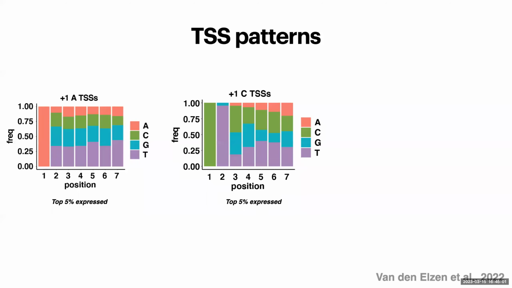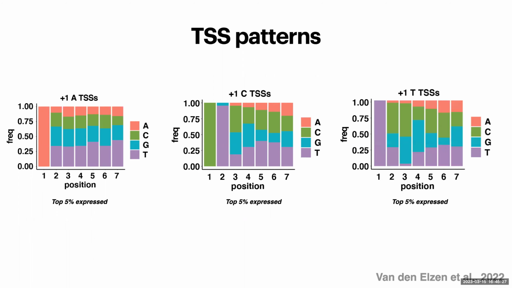For +1C sequences, there's quite a striking difference. These are nucleotide frequencies in the top 5% expressed +1C sequences, and nearly all of them have a T nucleotide at the +2 position of the 5' end. Past that, there's a slight depletion of A's and a slight enrichment of C's.